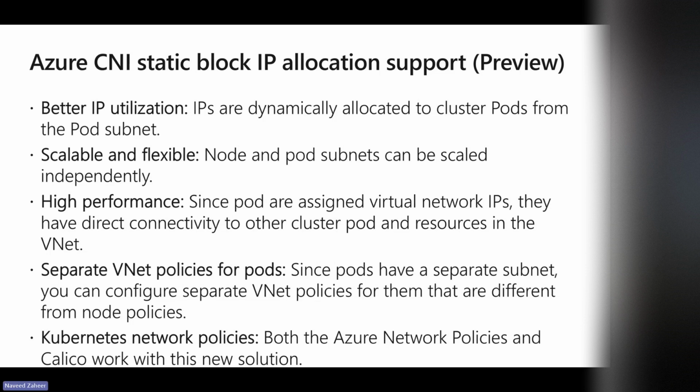With CNI, that is not the case, because all of the IP addresses for pods and nodes come from the VNet or the subnet where AKS is deployed. But that raises an interesting problem. As the cluster grows, you may need more IP addresses, and you may run out of IP address space.